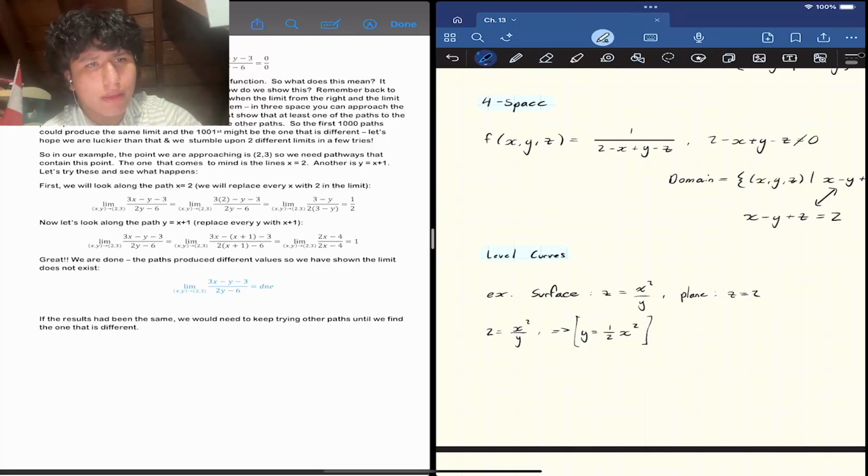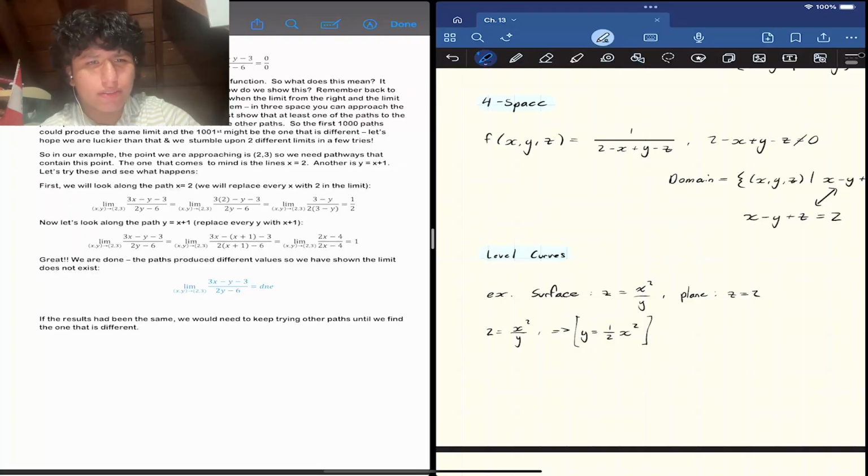And then we did add the path of y equals x plus 1. So we're not exactly manipulating what direction we're coming from. We're just picking values to look at different paths.